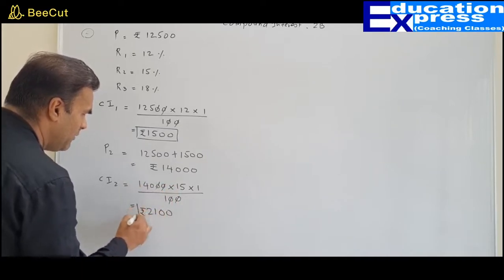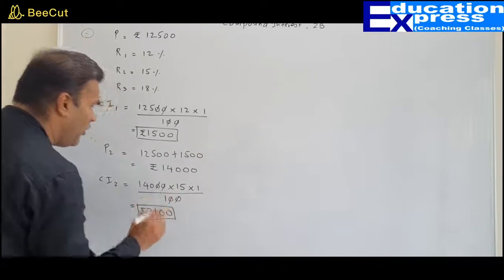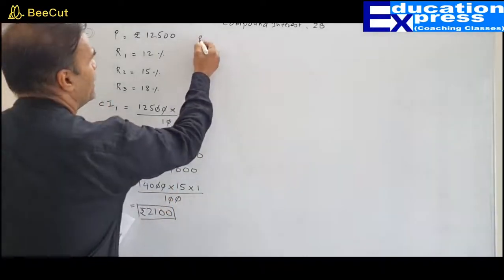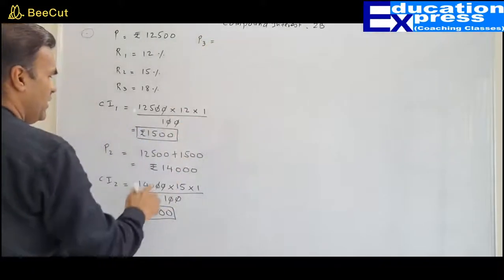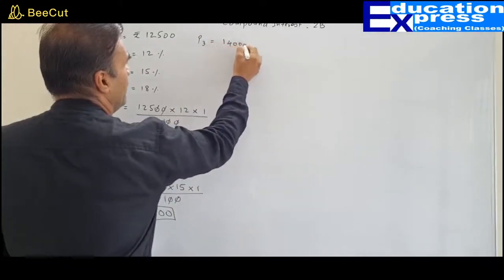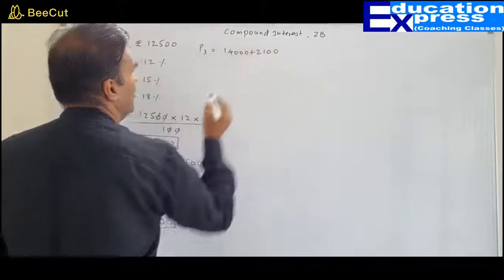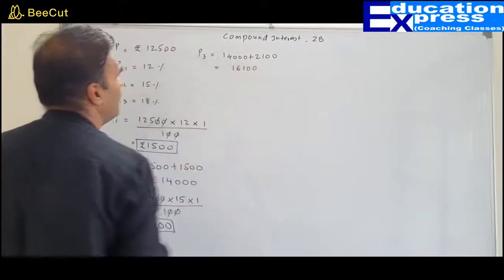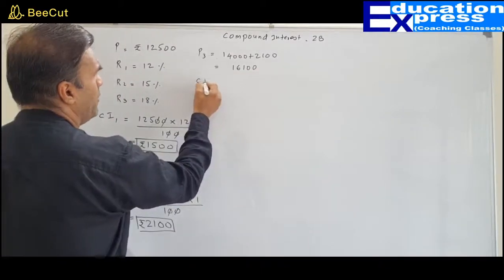This will be the amount of interest for the second year. Can we find principal for the third year? So principal for the third year would be 14,000 plus 2,100. That comes up to 16,100.